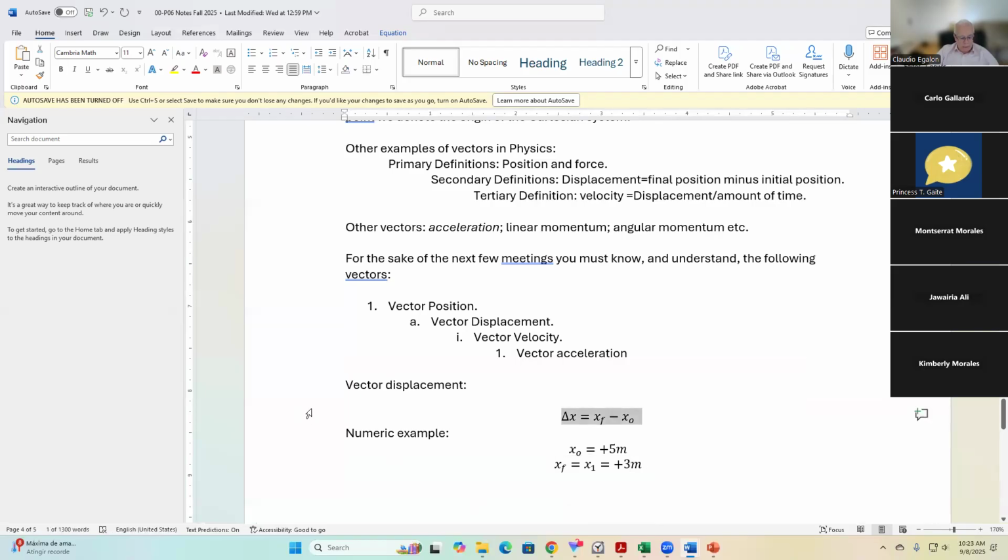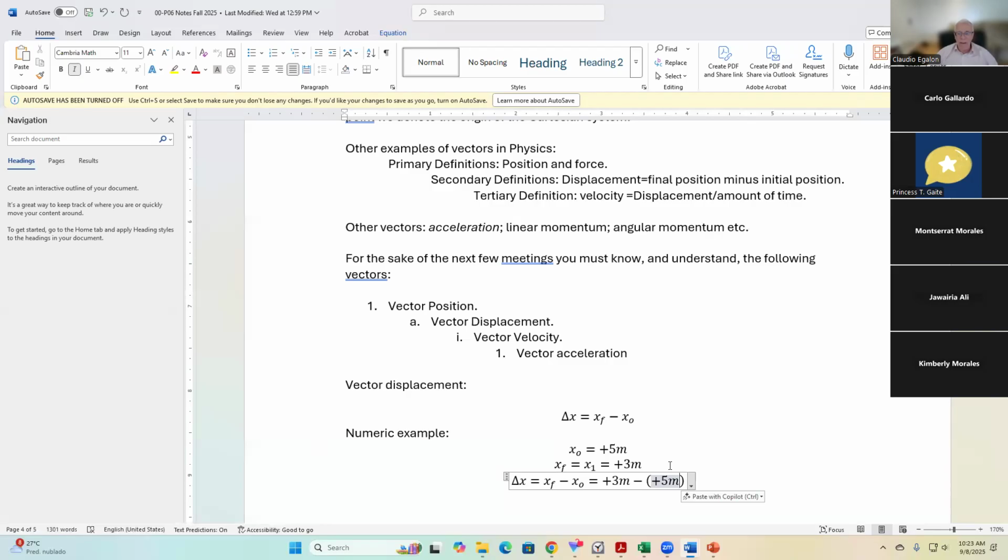Now we calculate the displacement. That's one possible problem that you can find in the exam, right? Calculate the displacement of a given object. Here you go, final position, plus 3 minus initial position, and I'm going to put that between parentheses, minus plus 5 meters.